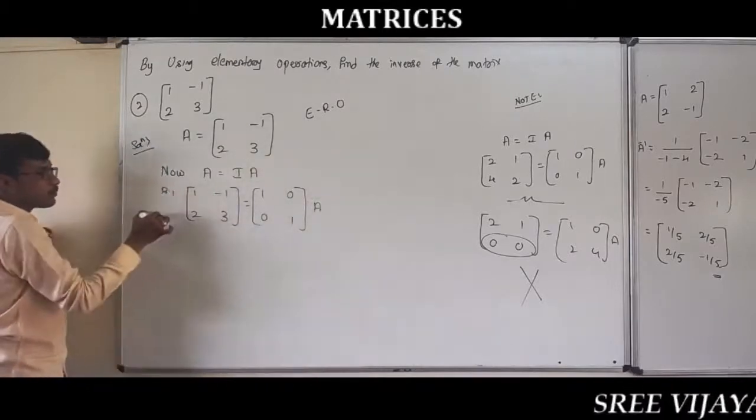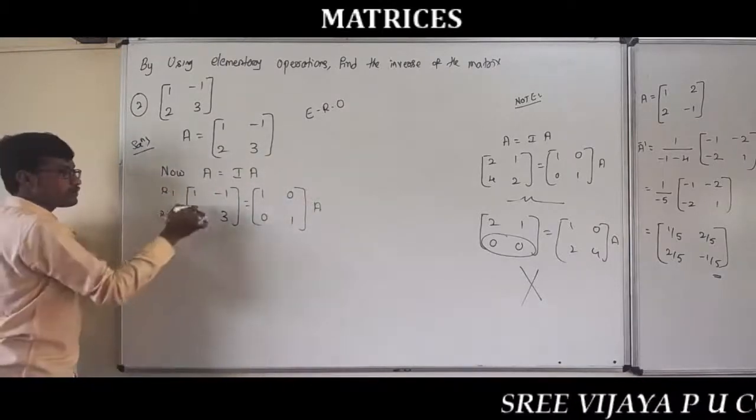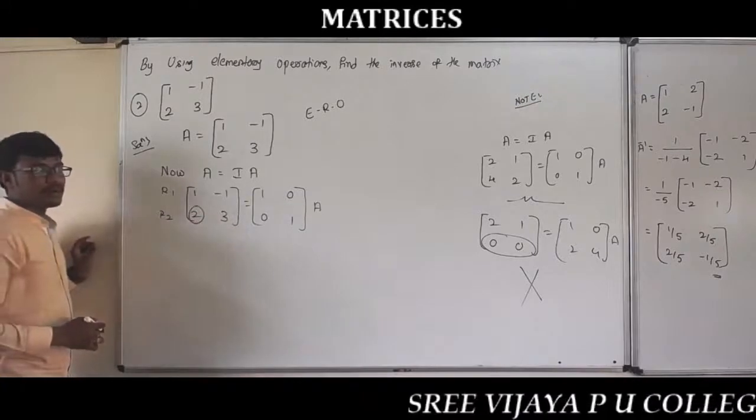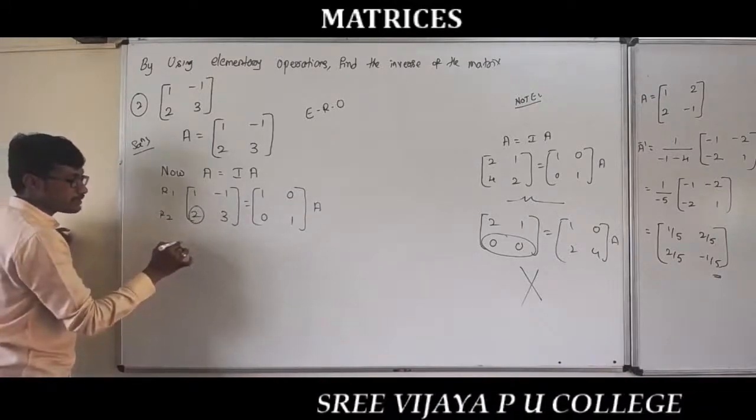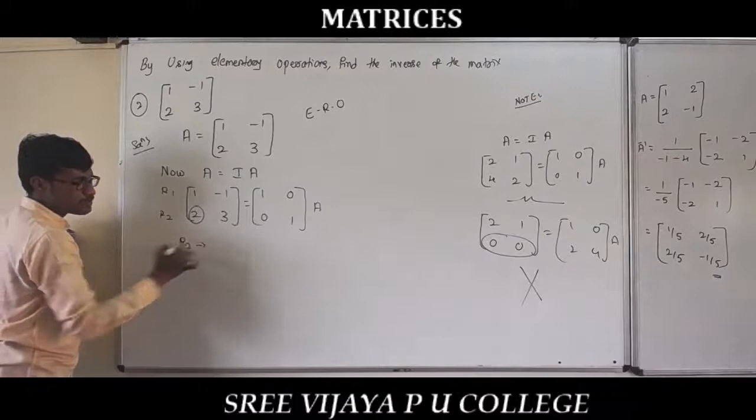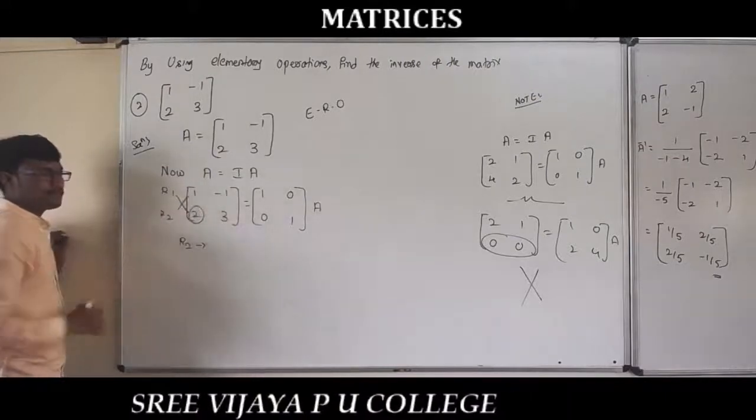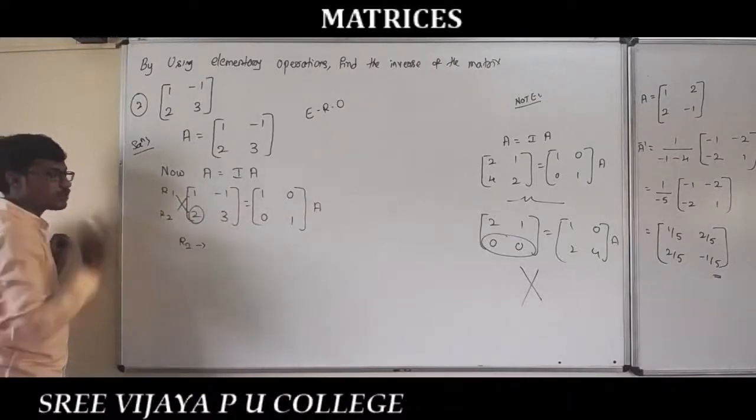This is R1, this is R2. First, to make this first element of R2 a 0, R2 changes to, just take the elementary operation, it's a short logic.